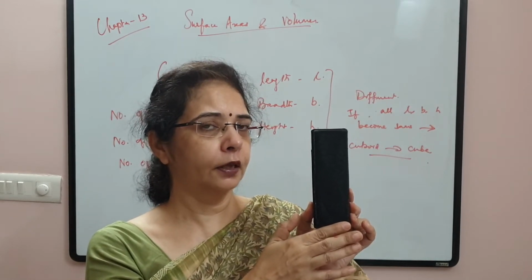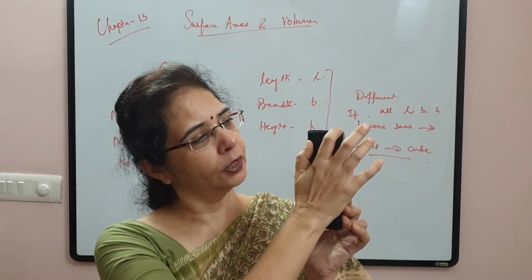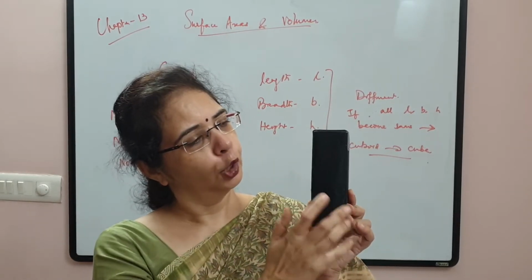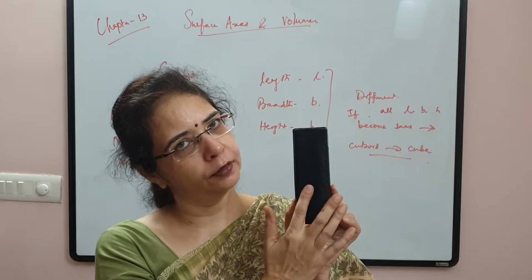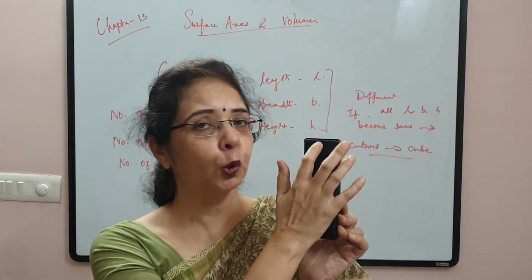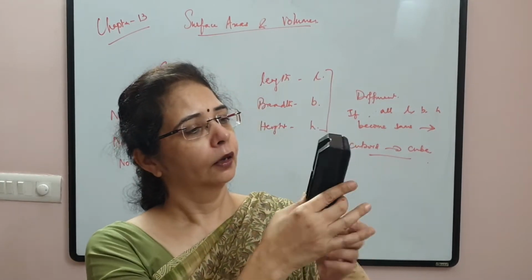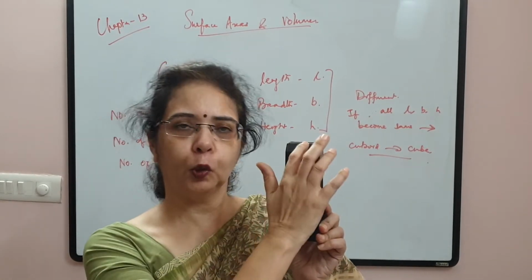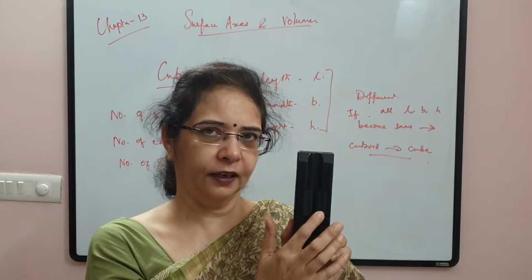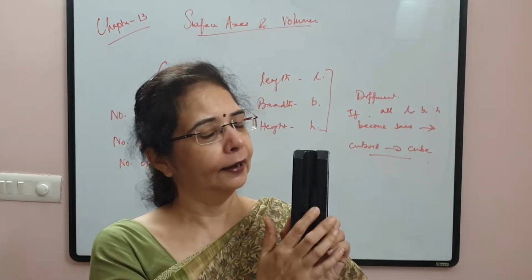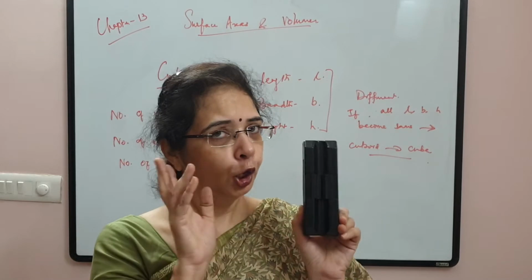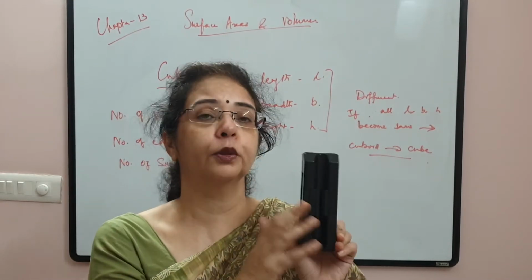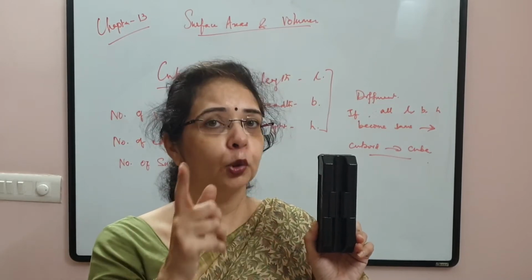Area of a surface is this dimension multiplied by this dimension. So the area of this surface would be length into height, right? Similarly, the area of this surface will be length into height. So there are 2 surfaces whose areas are length into height.